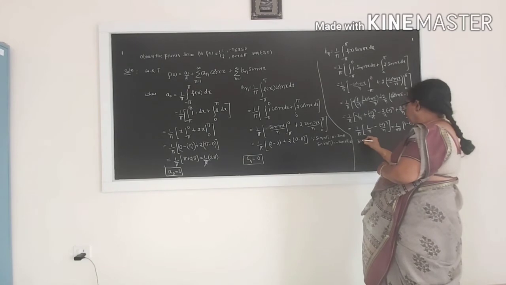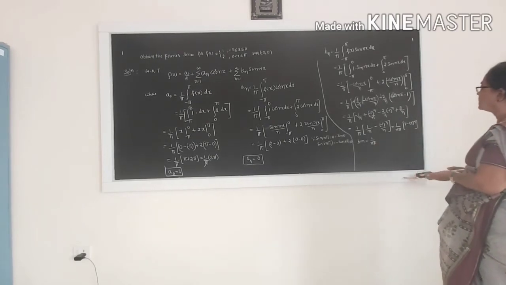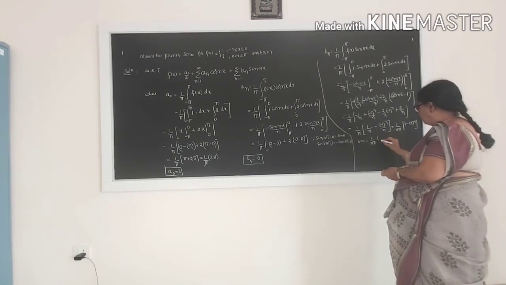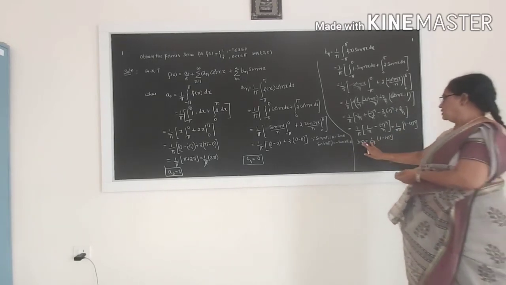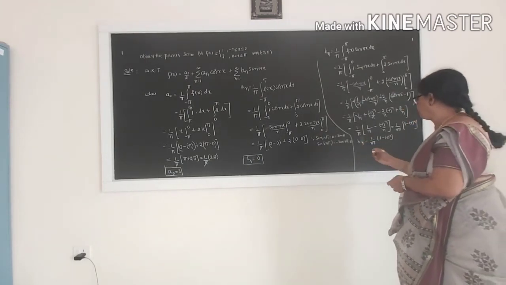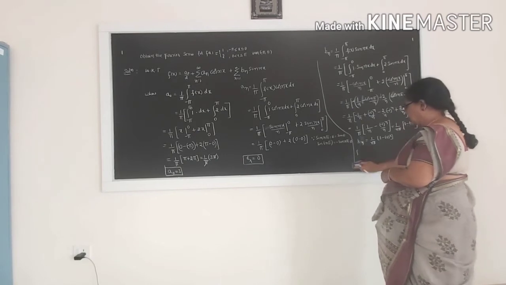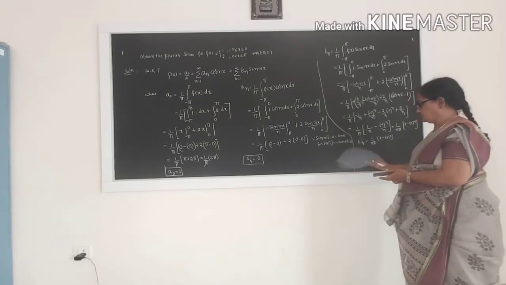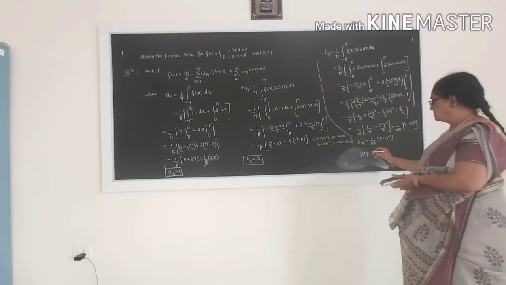Now, I am getting bn is equal to 1 over n pi times 1 minus of minus 1 whole power n. Now, f of x is equal to a naught by 2.